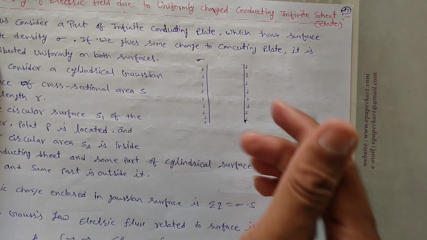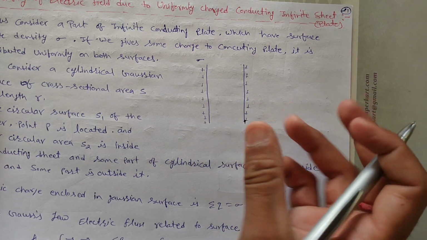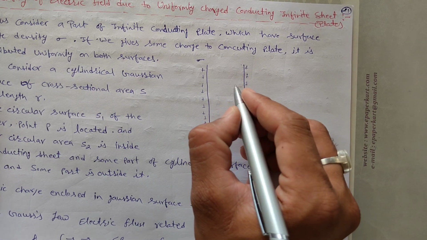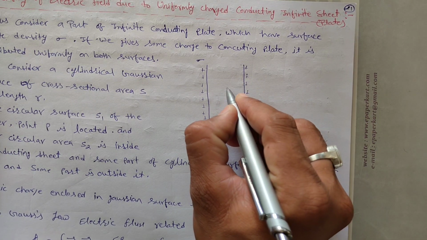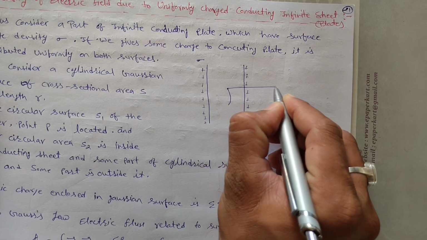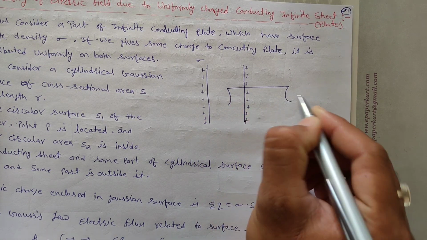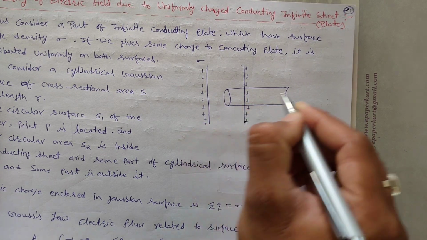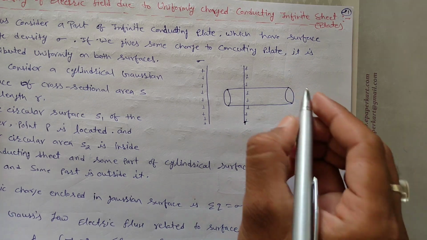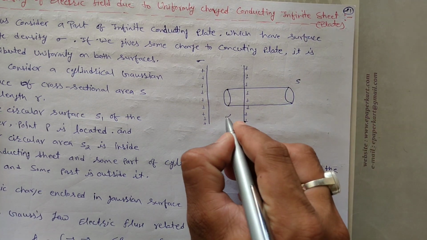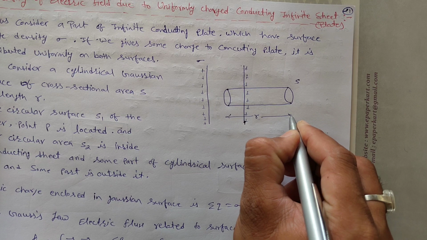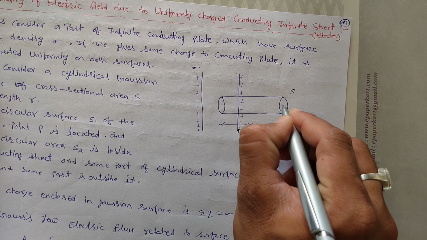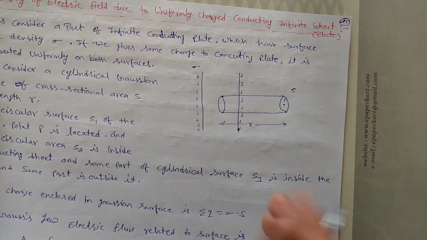Now consider a cylindrical Gaussian surface of cross sectional area S and length r. This is a cylindrical imaginary Gaussian surface with cross sectional area S and length small r. Observation point P is placed at this circular surface.